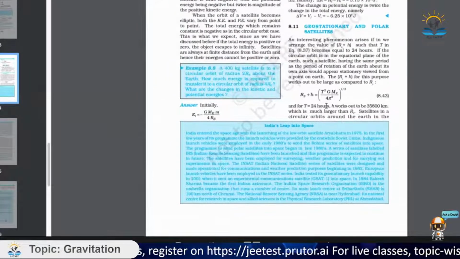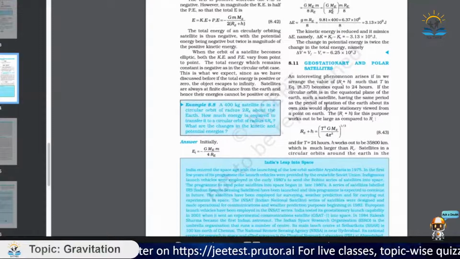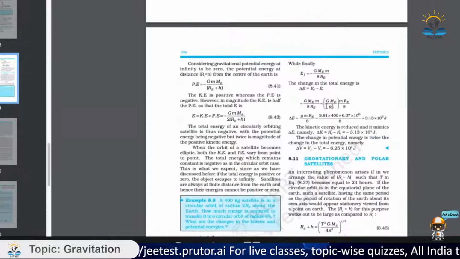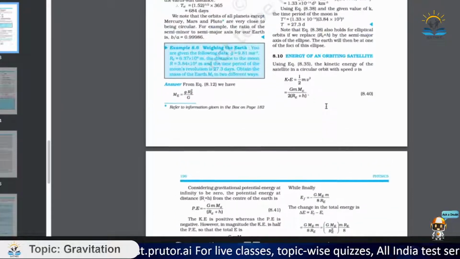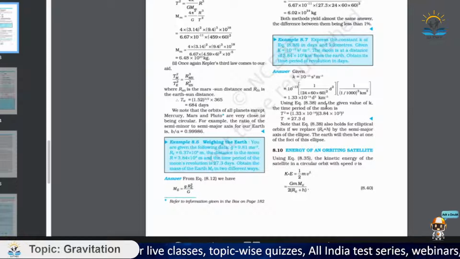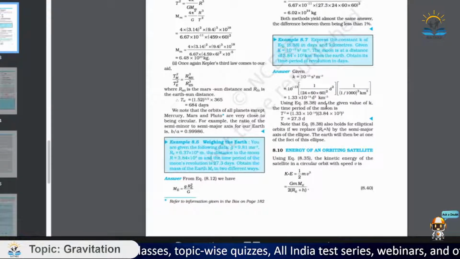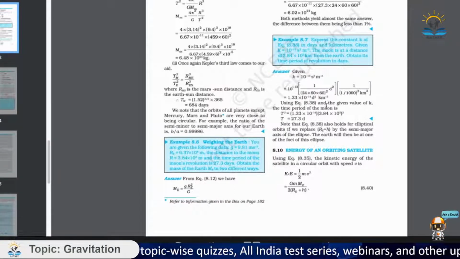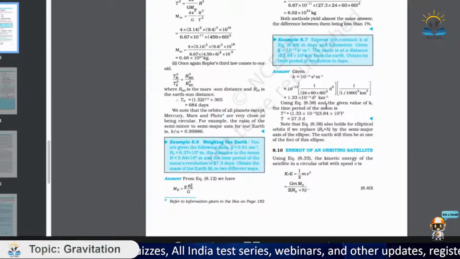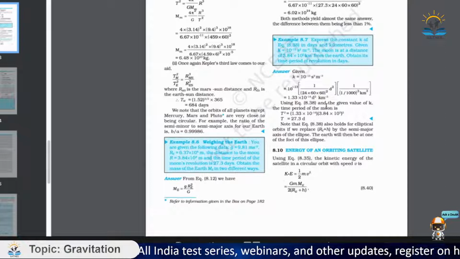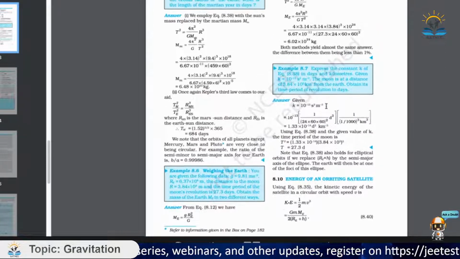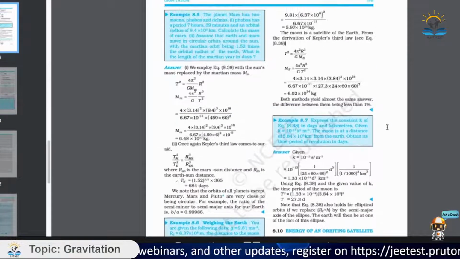So this was some of the theory of this chapter, gravitation. And first of all, there are only some of the formulas you need to know to proceed with the questions. The basic formula that you need to know is variation of acceleration due to gravity with a height h and a depth d.